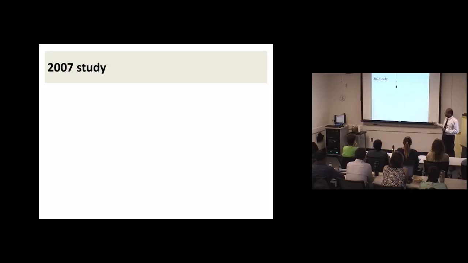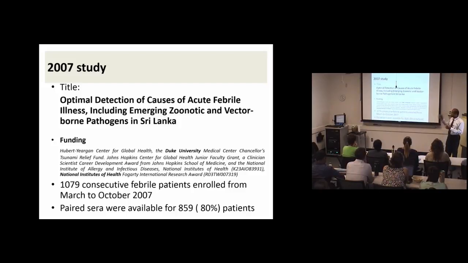Moving to the 2007 study in detail, we easily call it the PIVA study. It was funded by Duke University and the National Institutes of Health. We enrolled 1,079 patients, and out of them, about 80 patients had both acute and convalescent samples.